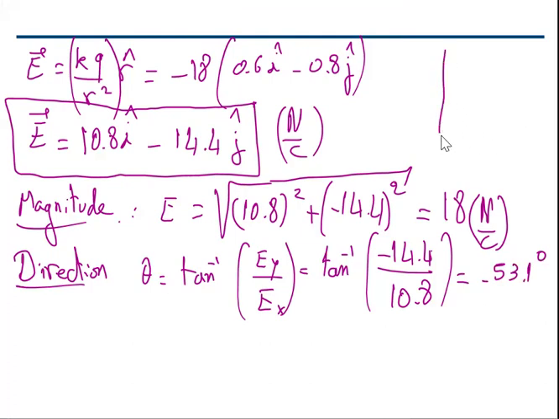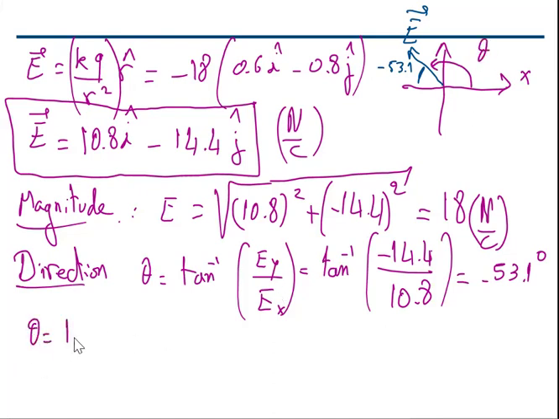Our vector, in which quadrant is it? Our vector is in the second quadrant. This is X, and this is Y, and this is our vector E. So this is negative 53.1. To get our result starting from the positive x, this is our theta.